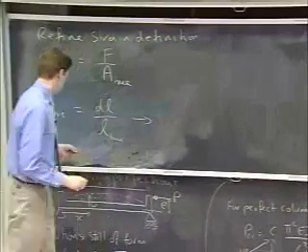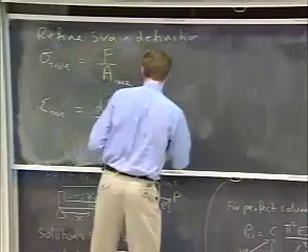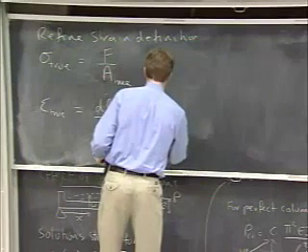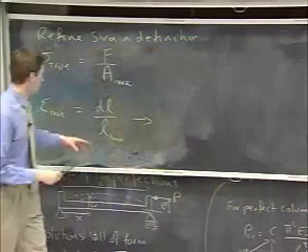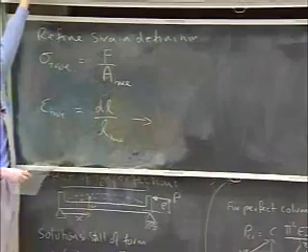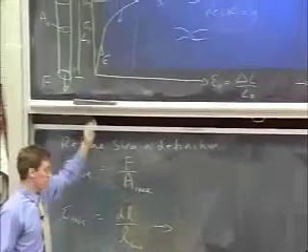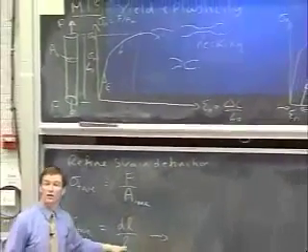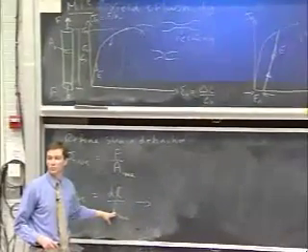Just to reinforce how this works, if we're deforming material from an initial length L0 to some current length L, then we're going to need to integrate up all the deformation we're doing.